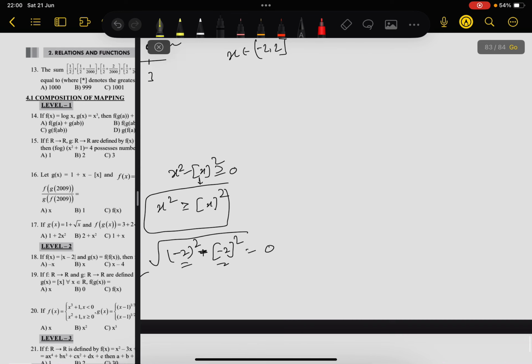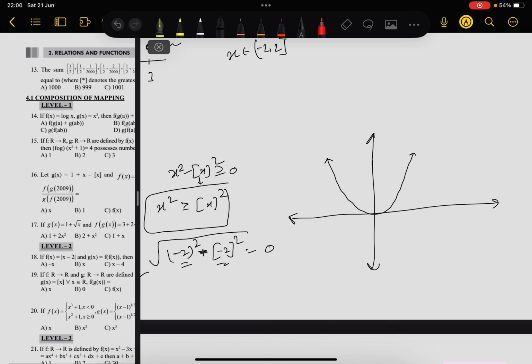So here, if you want to draw the graph for this question, this is the graph of x square, right? And this is the graph of box x. First I am drawing the graph of box x.